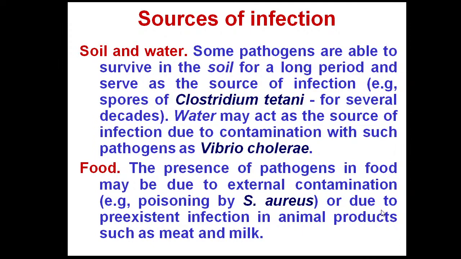You see, we studied anthroponotic infection, zoonotic infection, and sapronotic infection. Quite often some bacteria may survive in food. For example, we may have food poisoning by Staphylococcus aureus as a very common cause of a common disease.